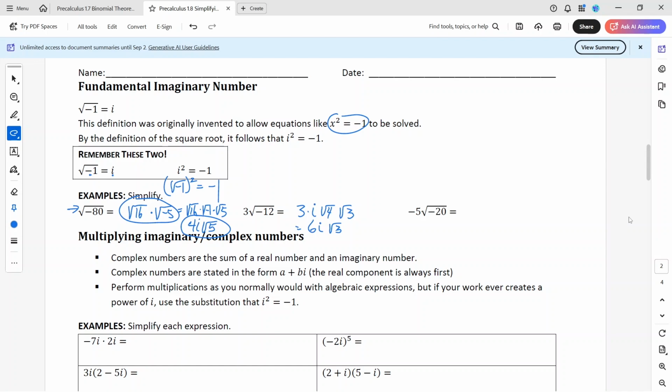Same way here, I see a negative 5, and then I'd see a square root of a 4 and a square root of 5 to make the 20, but because it's a square root of a negative, I know it's imaginary. So the square root of 4 becomes a 2. 2 times 5 is 10, so I get negative 10i square root of 5.